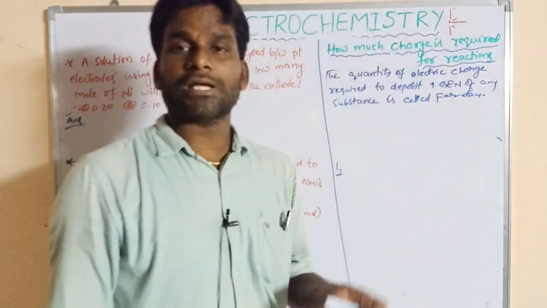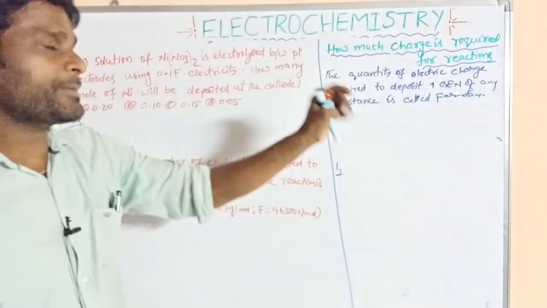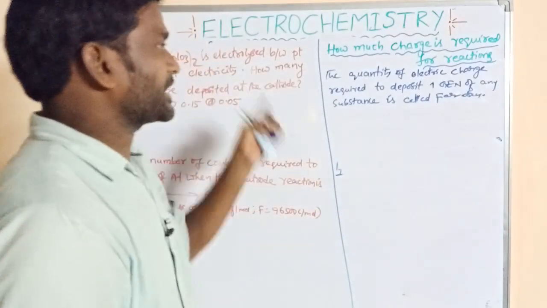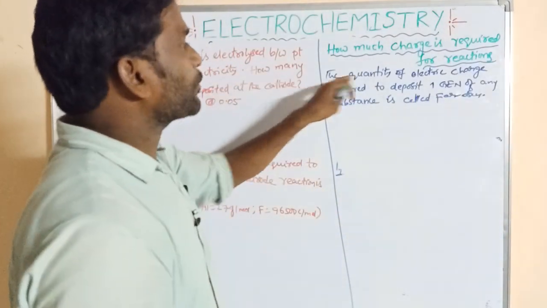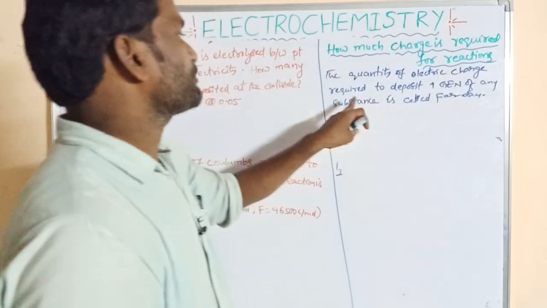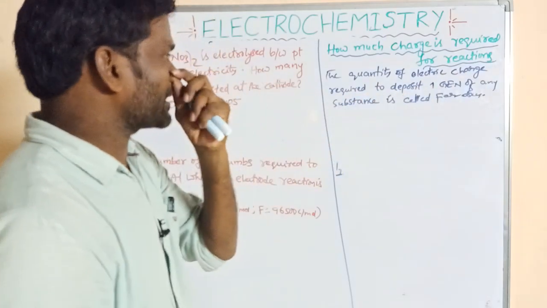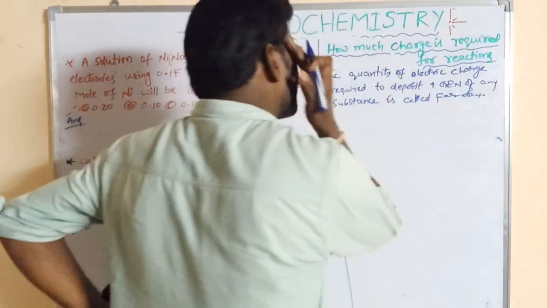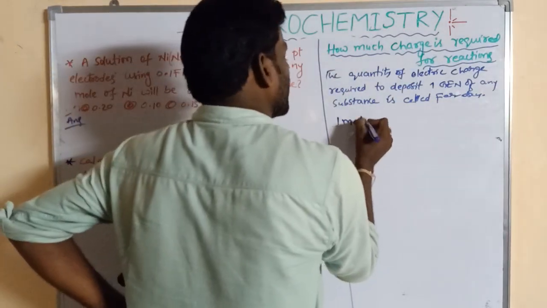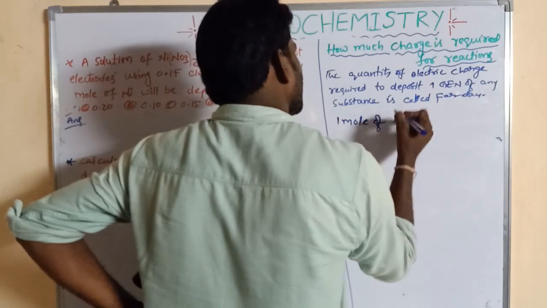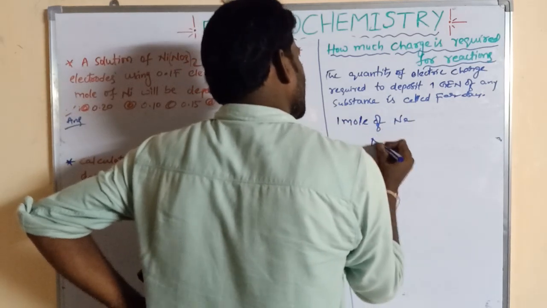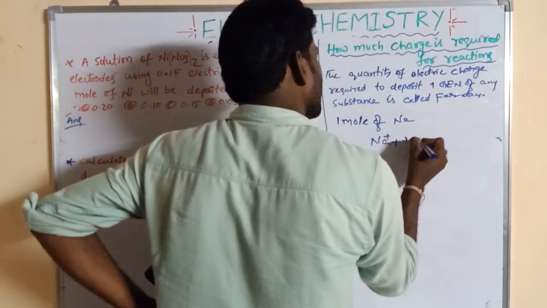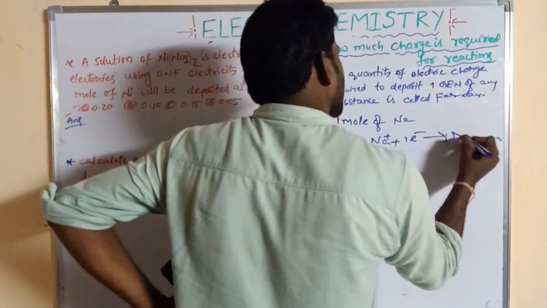The charge of 1 mole of electrons is said to be 1 Faraday. 1 Faraday is equal to 96,500 coulombs. According to the second definition, the quantity of electric charge required to deposit 1 gram equivalent of any substance is called 1 Faraday. For example, 1 mole of Na: Na plus gains 1 electron, gives Na.